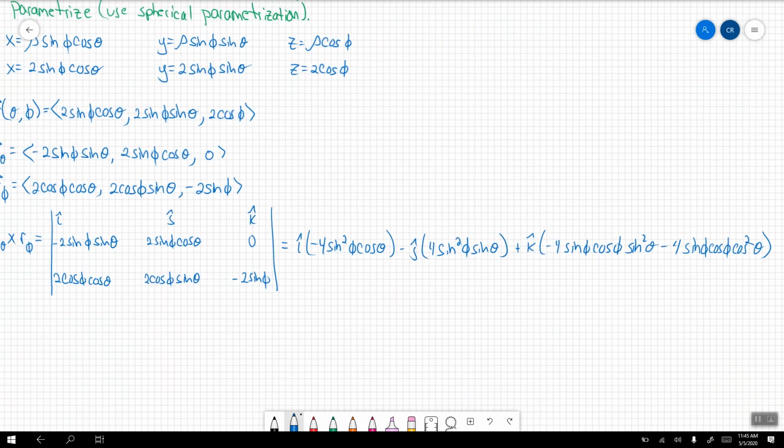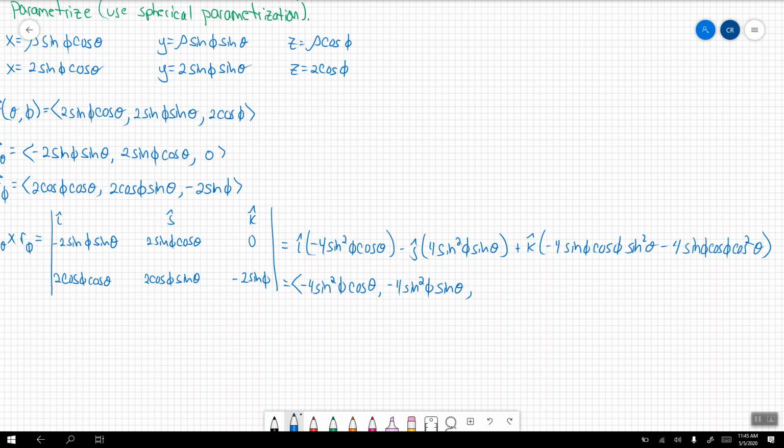Alright, so let's simplify as much as we can before we move on. I'm going to put this back into component form. So this is going to be -4 sine squared phi cosine theta. The middle component, the j component, is going to be -4 sine squared phi sine theta.